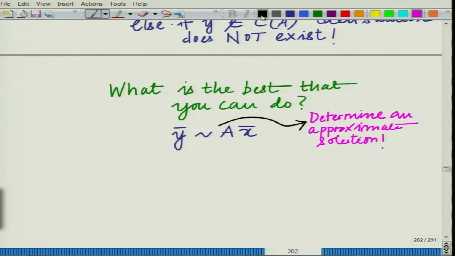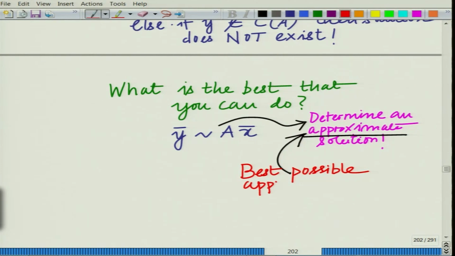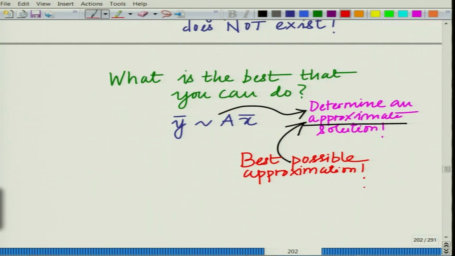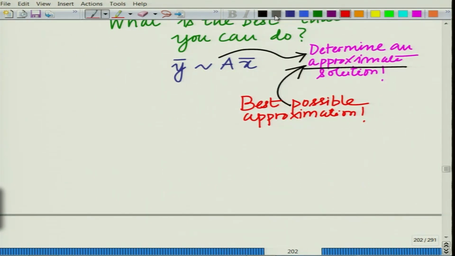So, we would like to find the approximate solution, but what do we mean by approximate solution? We would like to qualify this: not any approximation, but the best possible approximation. What do we mean by the best possible approximation?